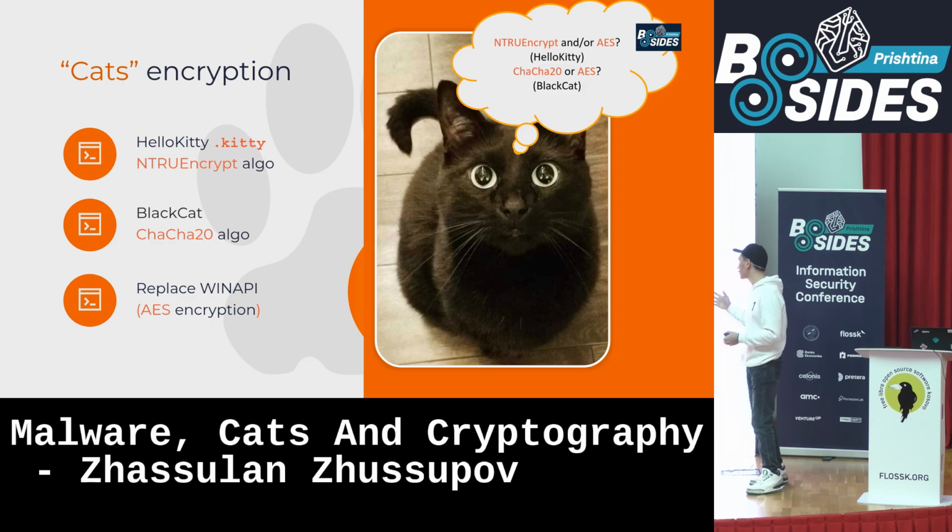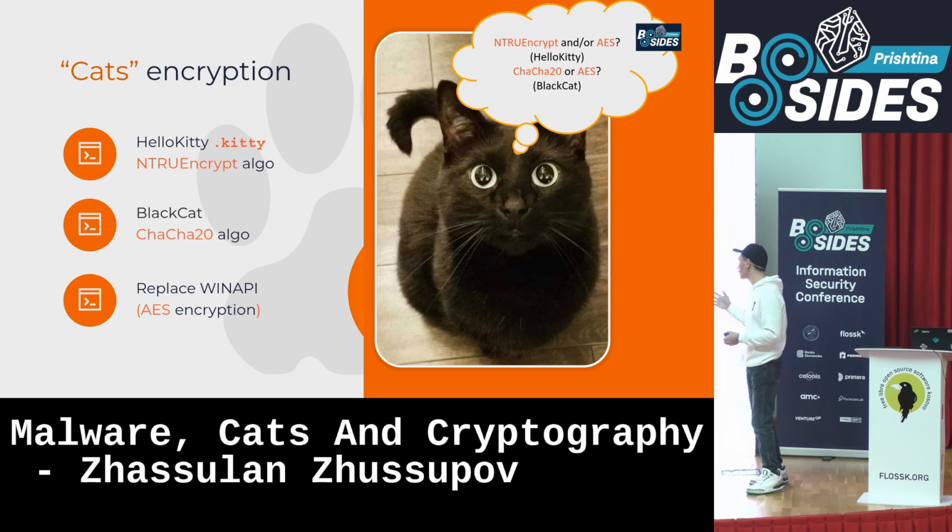This one is a slightly modified version of the Advanced Encryption Standard, but as I said before, AES is well known, so sometimes easily detected, and they just modified it a little for encrypting their victims.